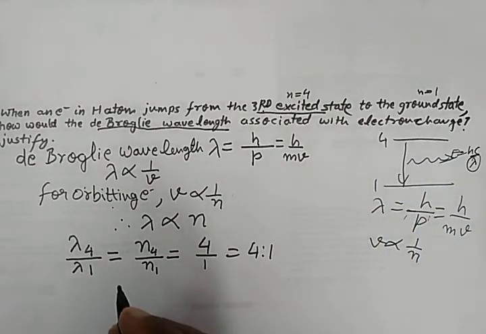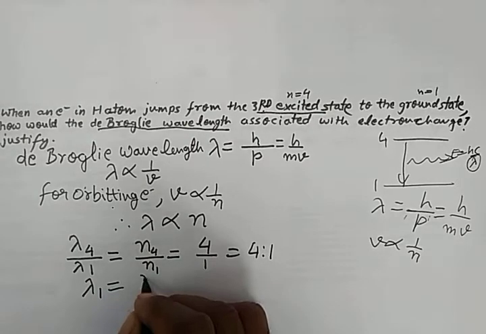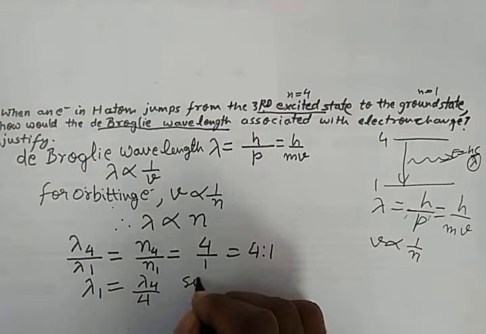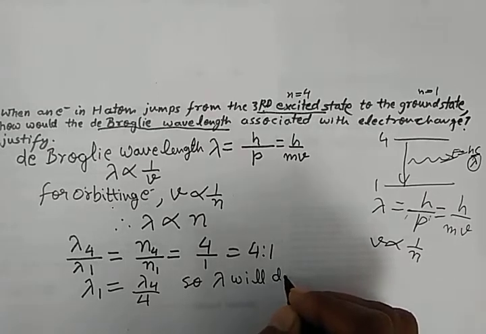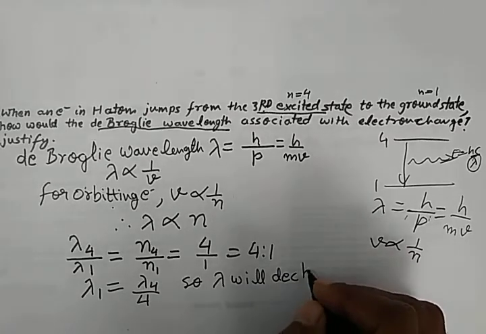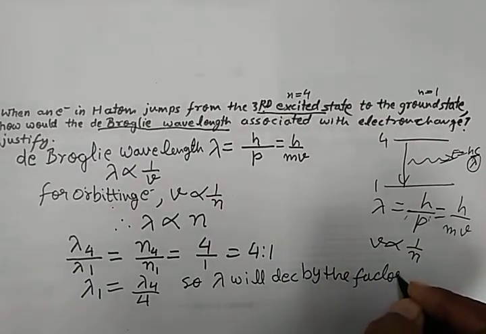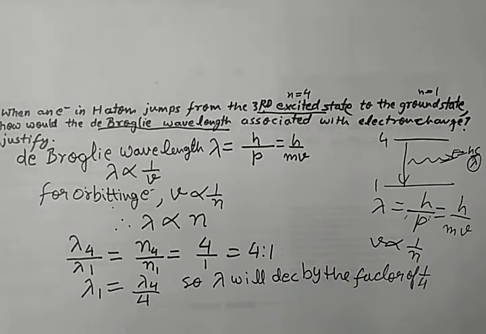So we can easily write lambda 1 will be lambda 4 by 4. So wavelength will decrease by the factor of 1/4, or it will become 1/4 of that in the third excited state, whatever be your way to express the answer.